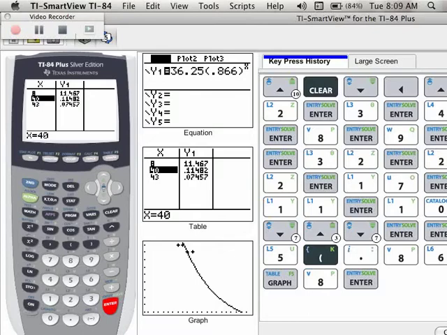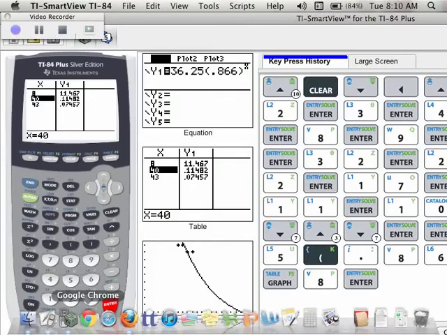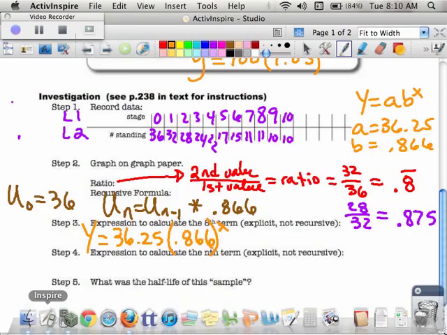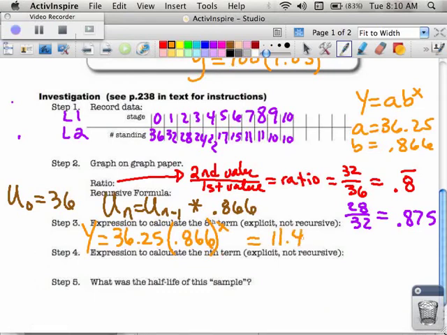So try that right now and see if you can find it after the 8th roll of the dice. So 11.47 was the answer. And I would say instead of the 8th term, I would say 8th roll.